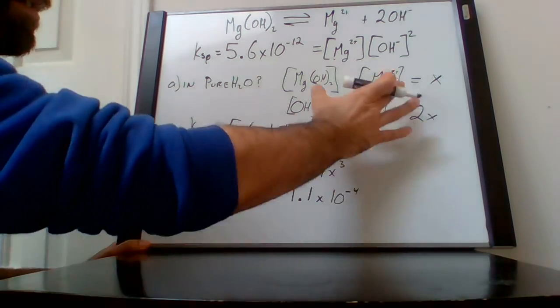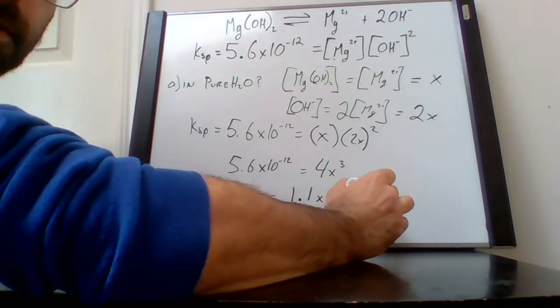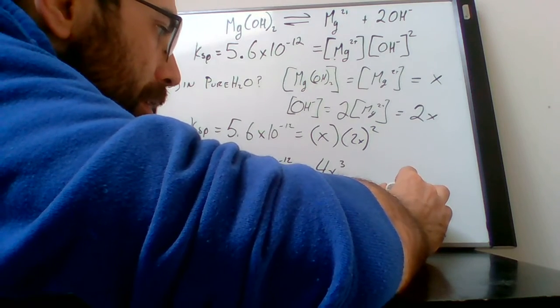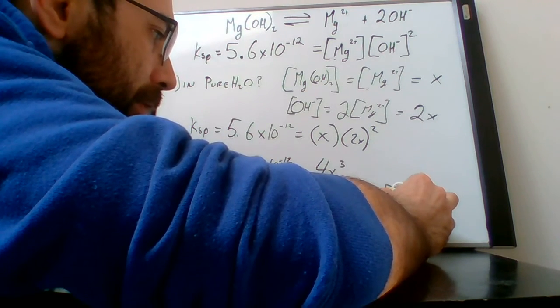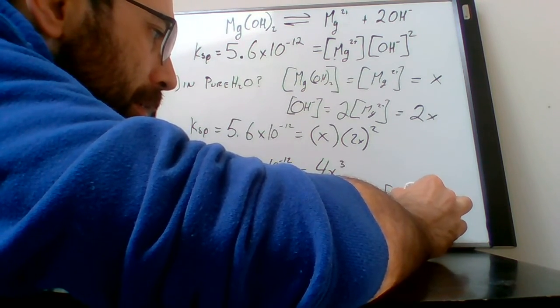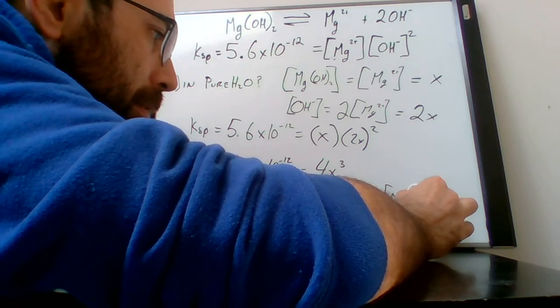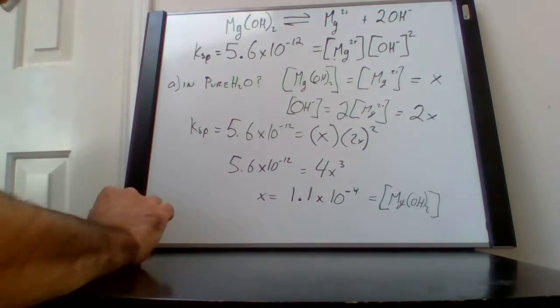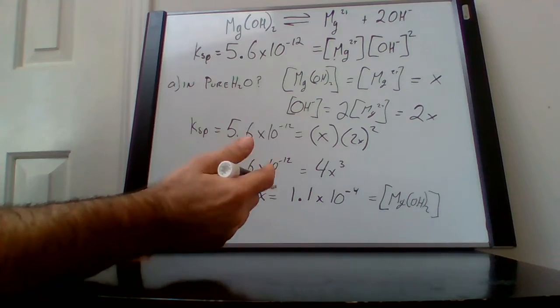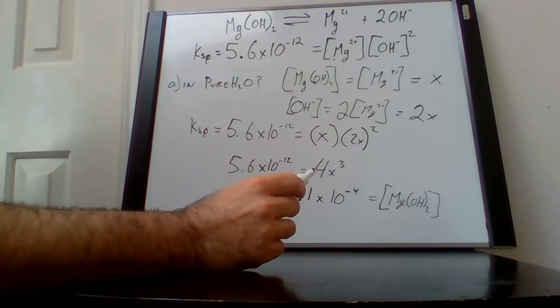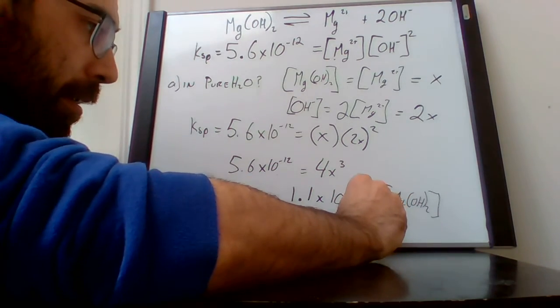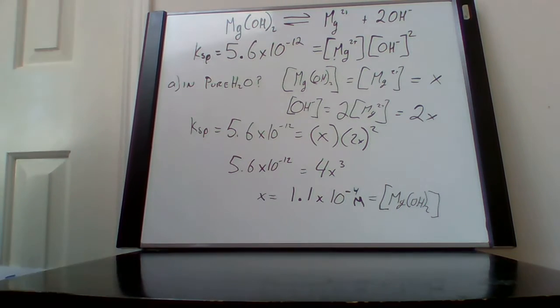And that was also the concentration for the solubility of magnesium hydroxide. X was a concentration, so I should give this a value of 1.1 times 10 to the negative 4 as the solubility of magnesium hydroxide.